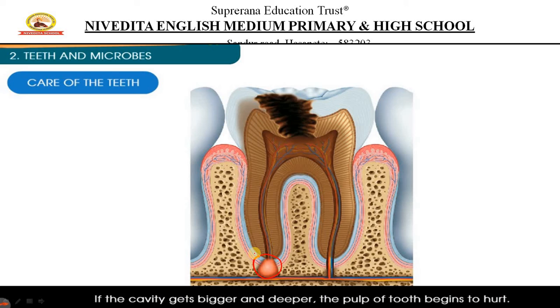Or else, after some days, the enamel goes and the pulp goes, and finally a hole has formed in your teeth, and that starts to hurt because the bacteria has entered deeper. It has entered the pulp where we have muscles and nerves. As you can see, it is swollen till here. It has entered even where we get blood and other things, so obviously it starts to hurt now.